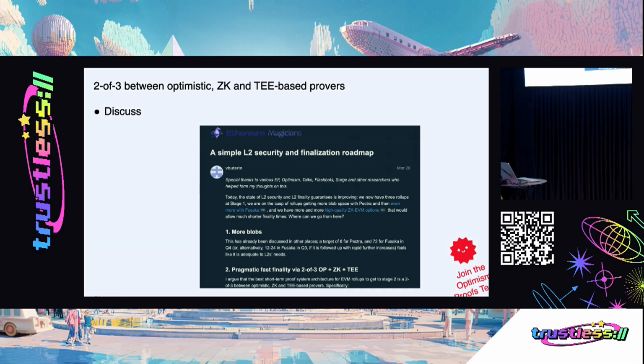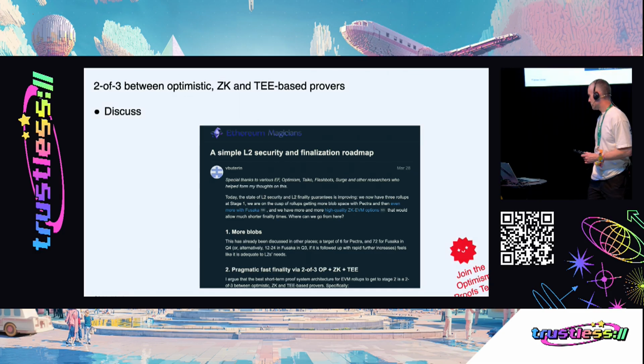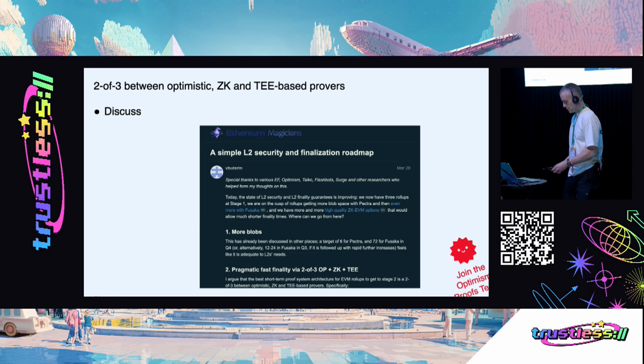My question is, for this finalization, currently we have three different options: the OP, ZK, and TEs. As you mentioned, the OP has a 7 day dispute, but the ZK and TE generate the proof very fast. How does the OP work with the ZK and TEs?